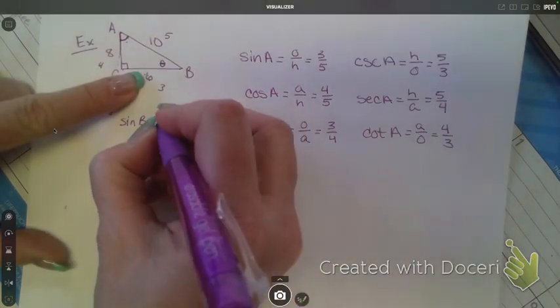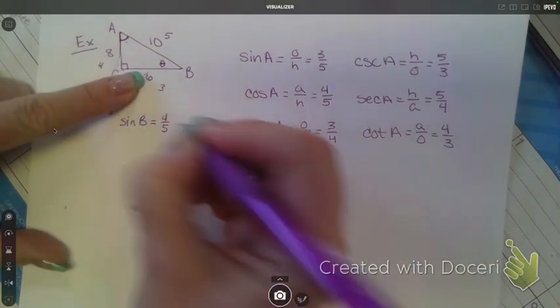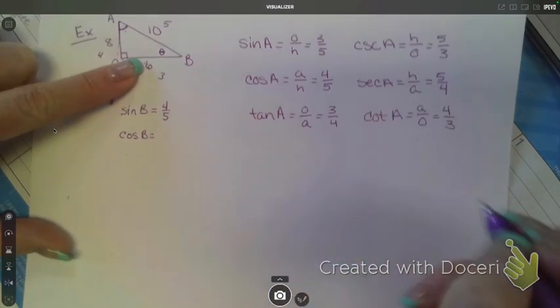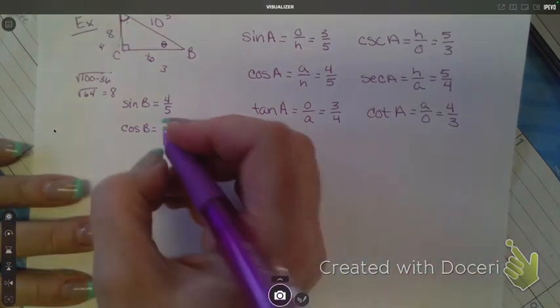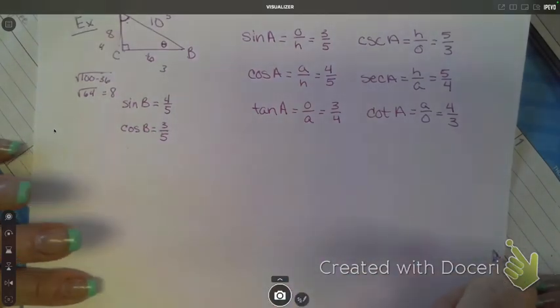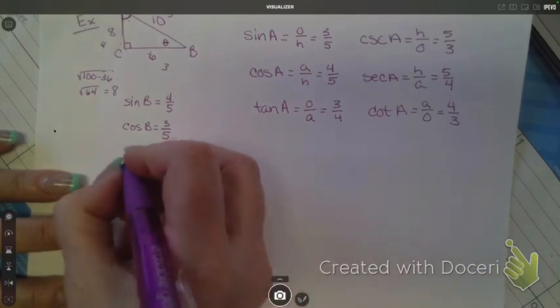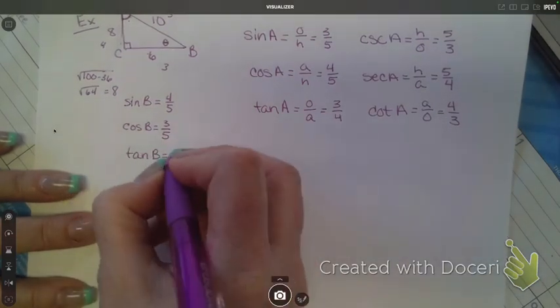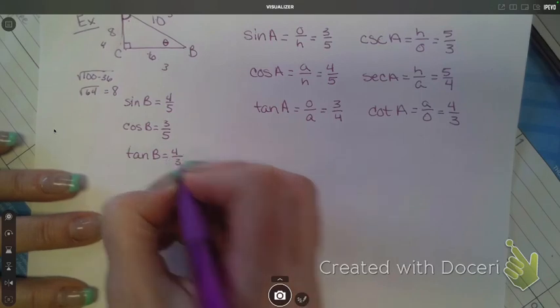So 4 over 5? Yeah. Okay. What is the cosine of B? 6 over 10. So 3 over 5. What is the tangent of B? 4 over 3. What do you notice about those?